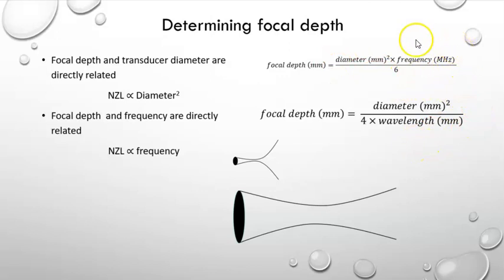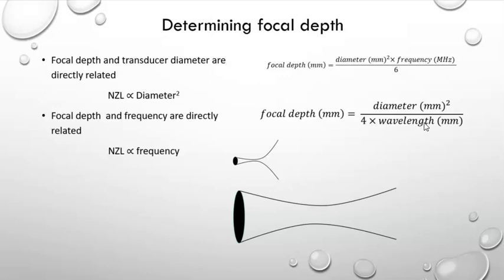This one on top is easier to remember because the frequency is on the same side of the divisor as the diameter. So you know that as the diameter goes up, the near zone length increases greatly. As the frequency goes up, the near zone length increases. Okay. This one's a little harder because the frequency is hidden within the wavelength.